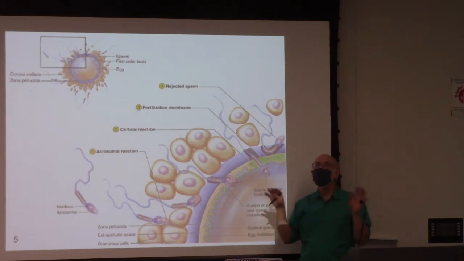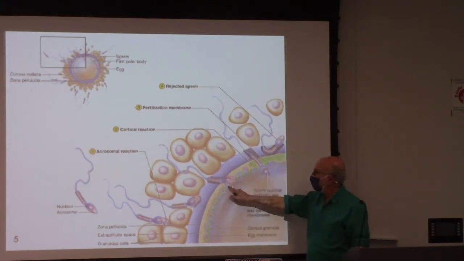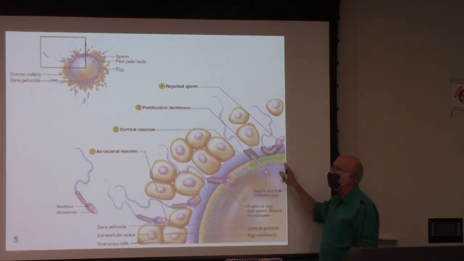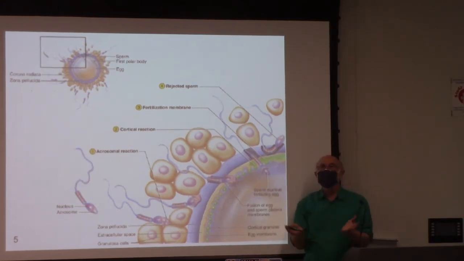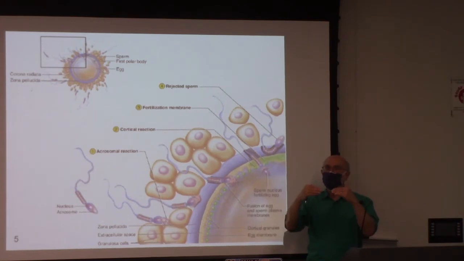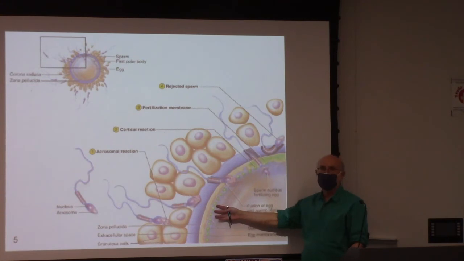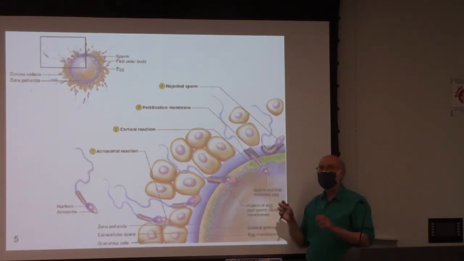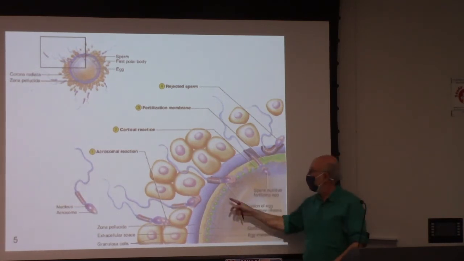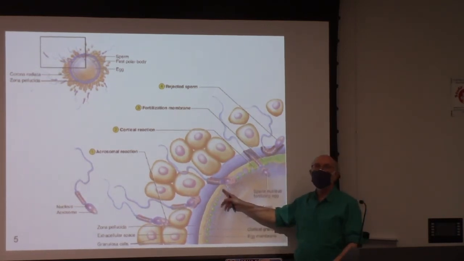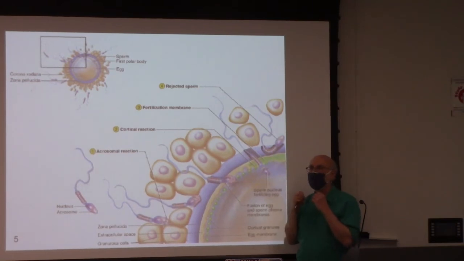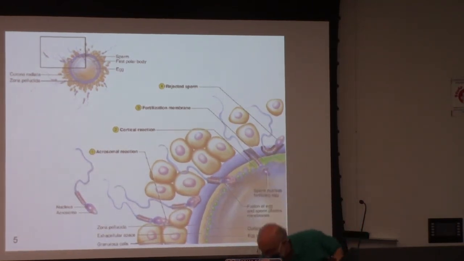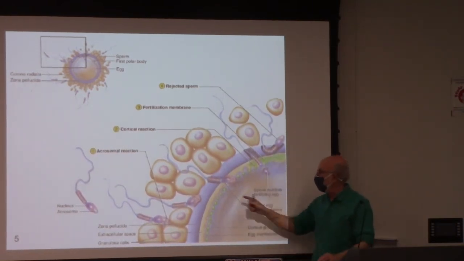It's a calcium wave that triggers release of the contents of these cortical granules that surround the oocyte. So on the inside of the cytoplasm, on the inside of the surface membrane, there are granules. The sperm triggers this wave of, it's not depolarization, but this wave of bursting out of the cortical granules.